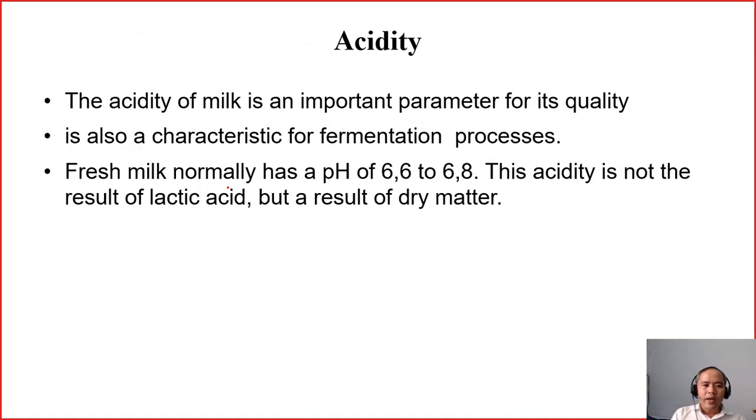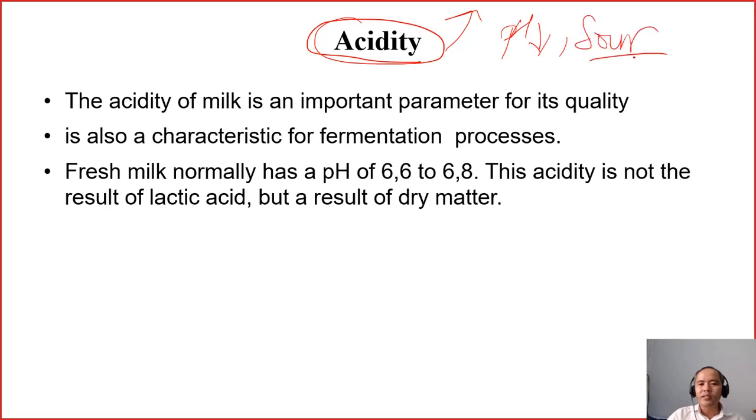Okay, so we go to the next property, acidity. When we have higher acidity, it means we have lower pH value and the milk becomes sour, right? So if we take milk from a cow and then leave it at room temperature for a while, fermentation will occur in this milk and then the pH will decrease and the acidity will increase.